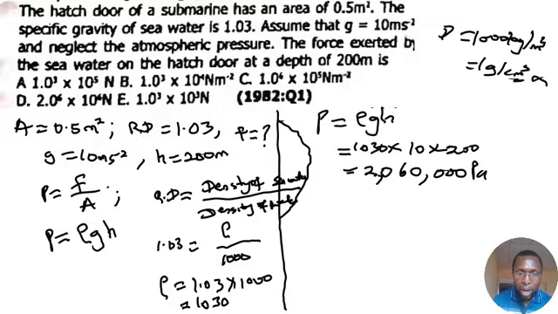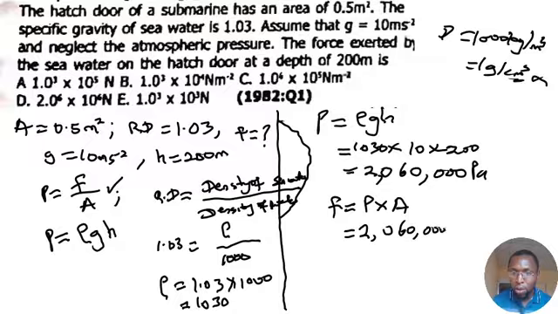Making use of this and making F the subject of the formula, F will be equal to P times A. Multiplying it, that will be 2,060,000 times our A. Remember, our A is 0.5 times 0.5.